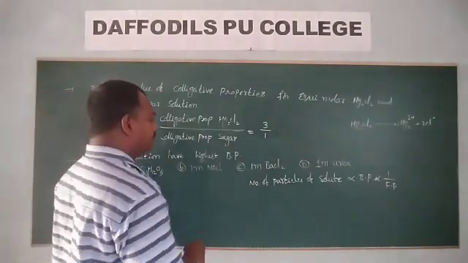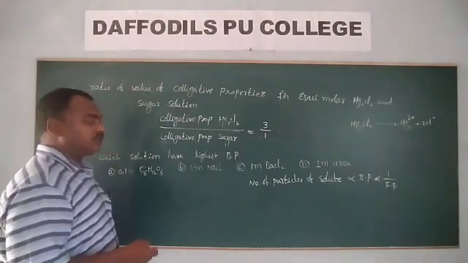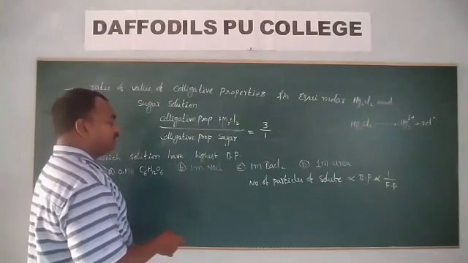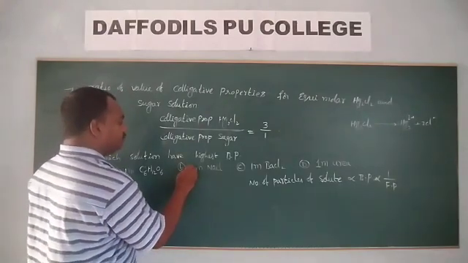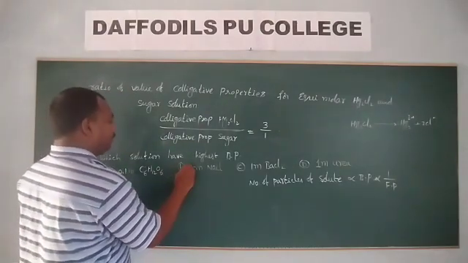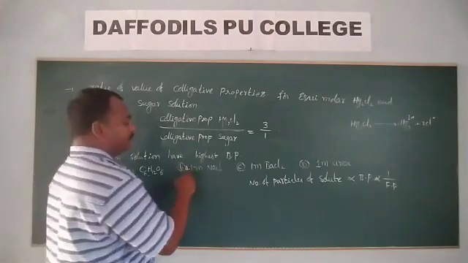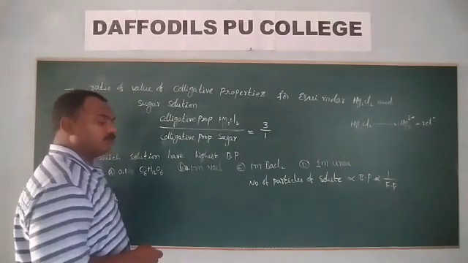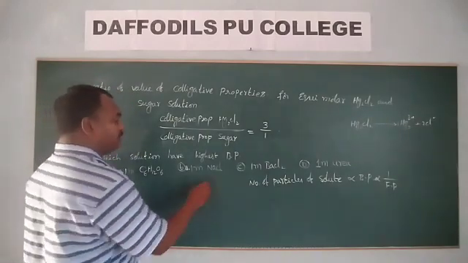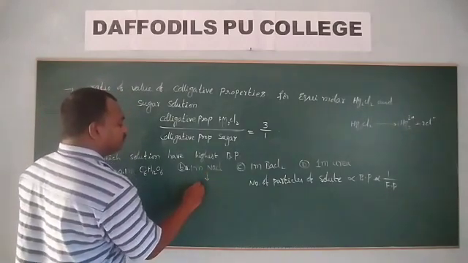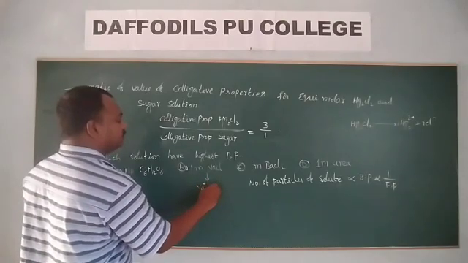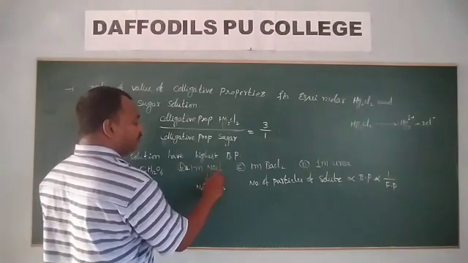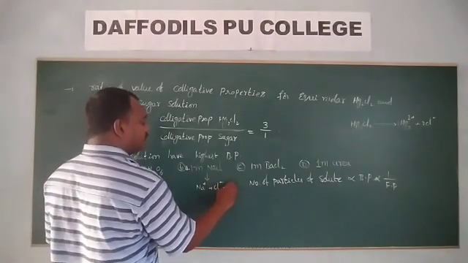When sodium chloride is placed in water, it dissociates to give Na plus ions and Cl minus ions. 0.1 moles of sodium chloride is placed in water, but it gives Na plus ions and Cl minus ions. So how many particles do you get? 0.2 moles of particles.